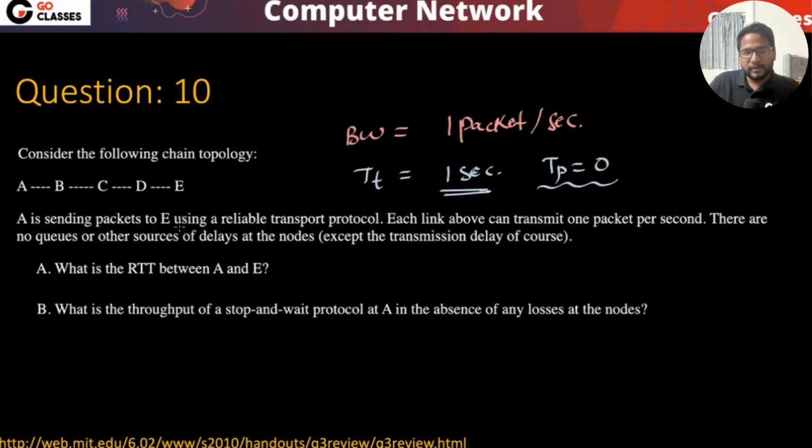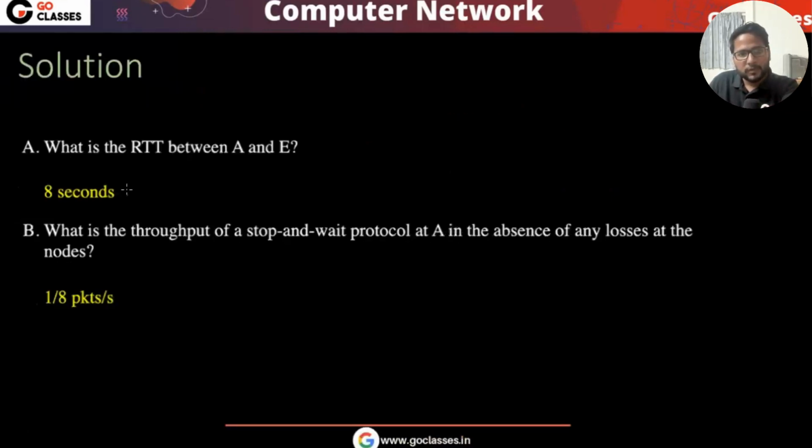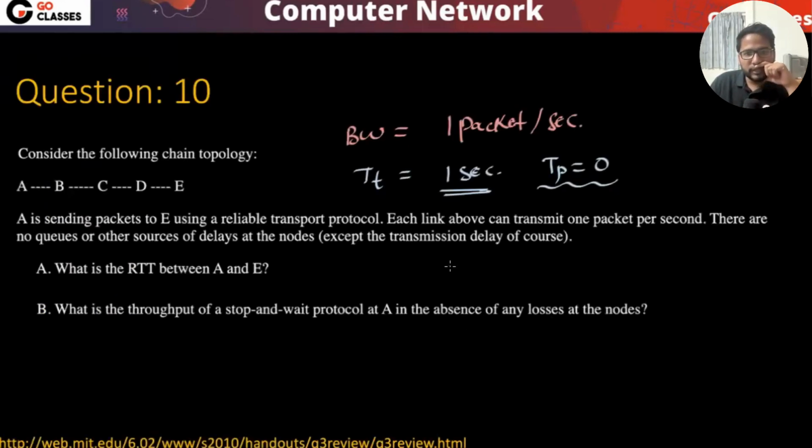A is sending a packet to E, except the transmission delays. Okay, they have given it to be 8 seconds. Actually, they have not said anything about the acknowledgement, right? Each link can transmit one packet per second.